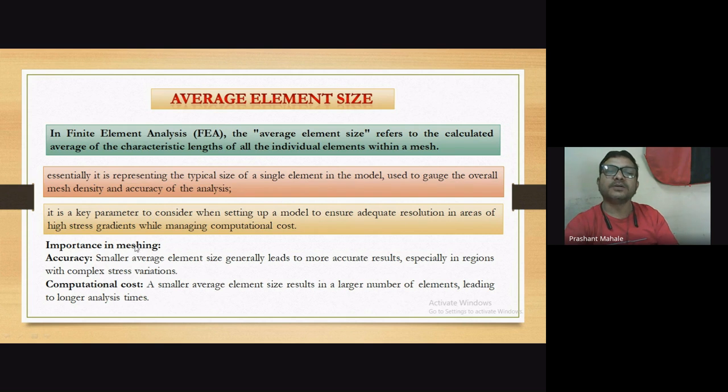The advantage in meshing is we get a lot of small size elements, whereas the disadvantage is it increases the computational time and cost. So when this point is asked, you have to explain this in 2 3 statements with the key features of that. From exam point of view, I'm talking.